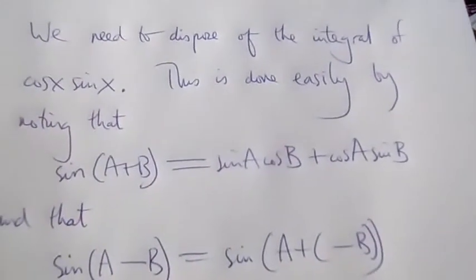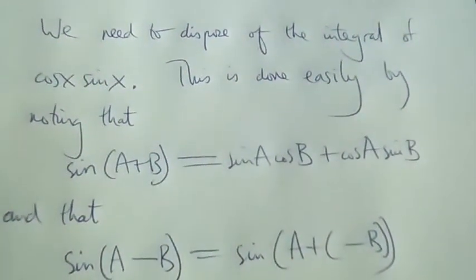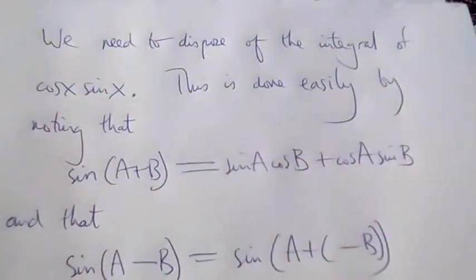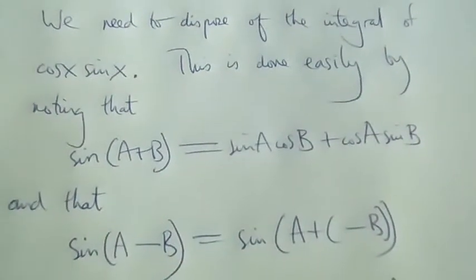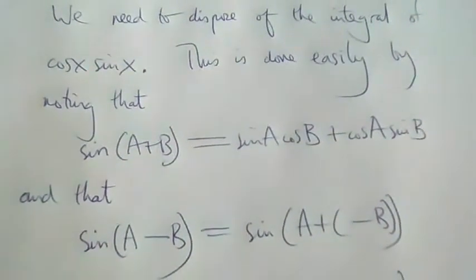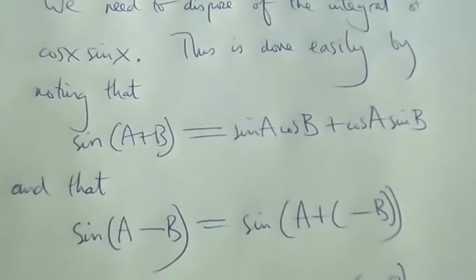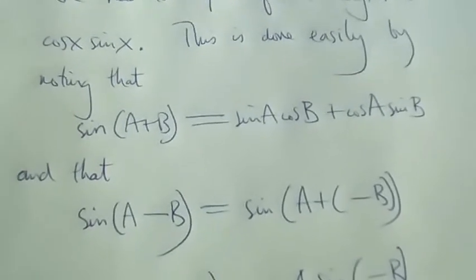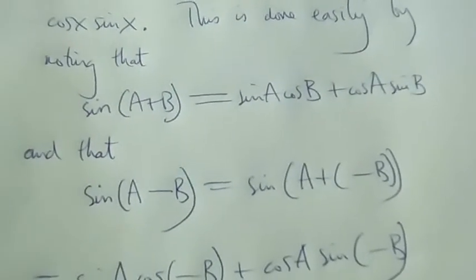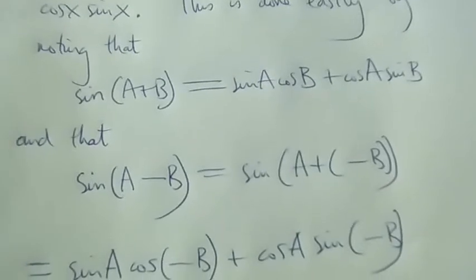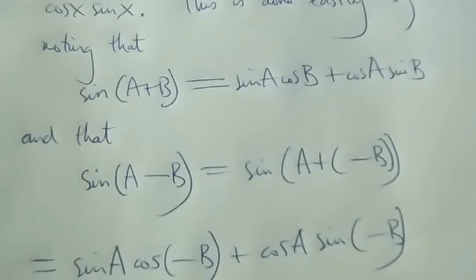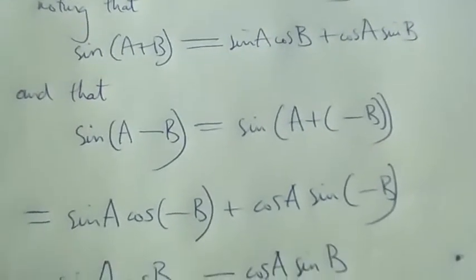We need to dispose of the integral of cos x sin x. This is done easily by noting that sine a plus b is equal to sine a cos b plus cos a sine b, and that sine a minus b is equal to sine a plus minus b.